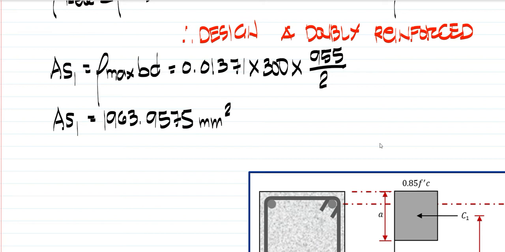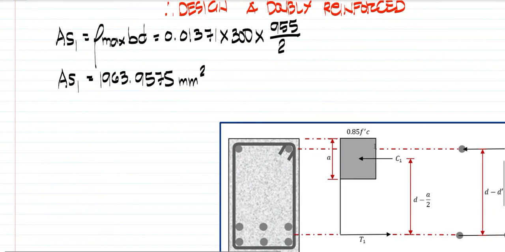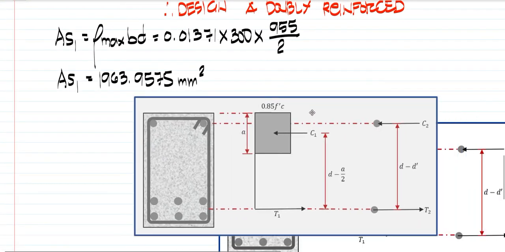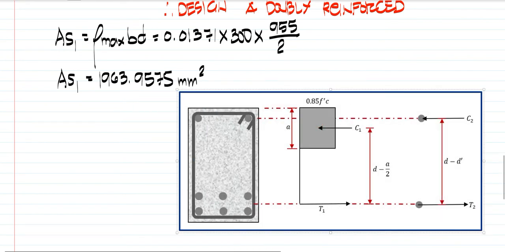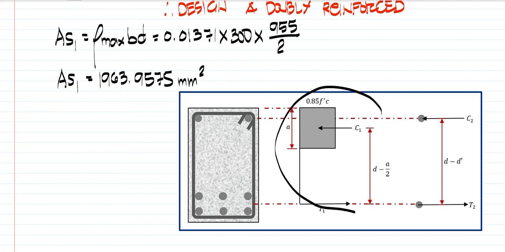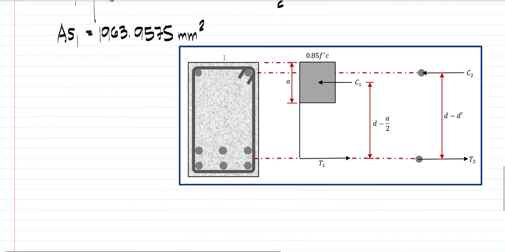Now, we can proceed in determining the depth of compression block, yung theoretical sa design natin, and the depth of the neutral axis. So, syempre, dun sa pagkuha nun, gagamitin natin yung first stress diagram, which is ito. So, we will be needing its equilibrium equation, which is C1 is equal to T1.